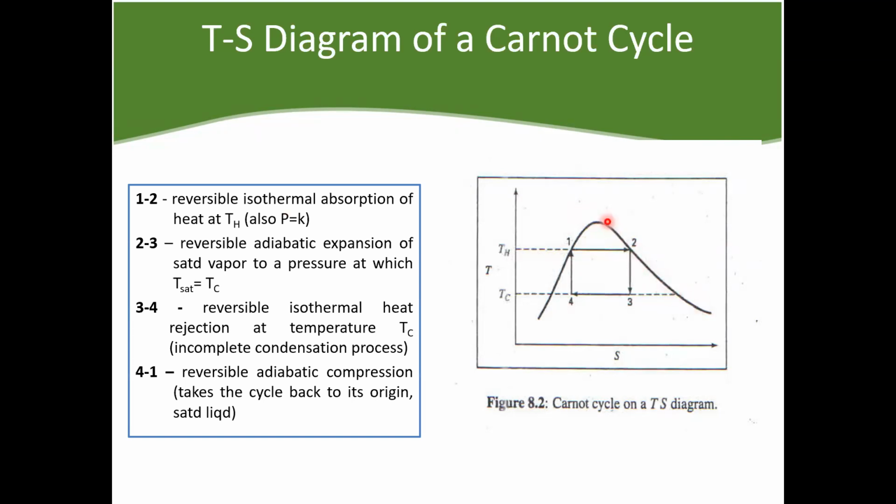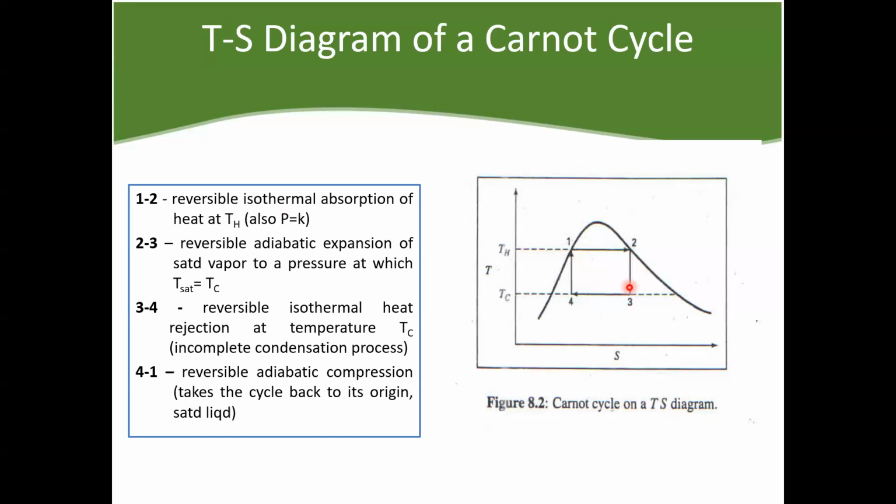So this is the saturated vapor line. This is the saturated liquid line. Inside the curve, you have the saturated fluid, a mix of saturated vapor and saturated liquid. So inside the curve, remember that.